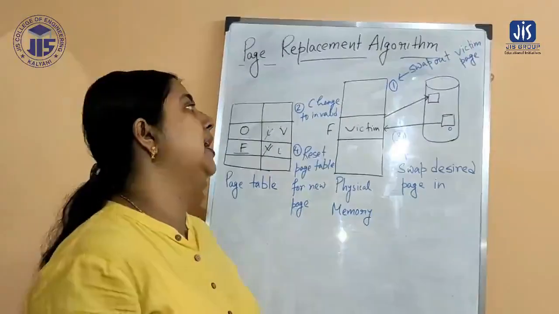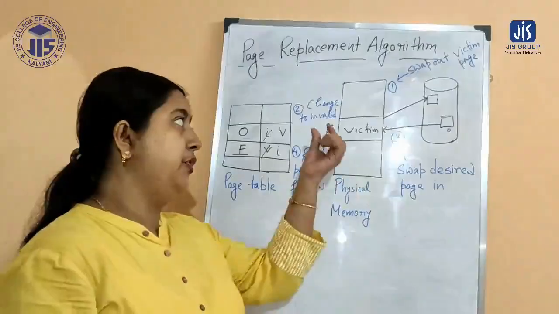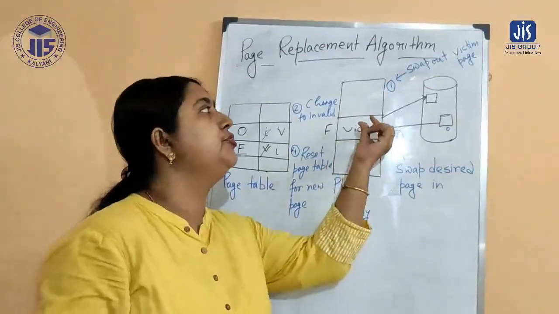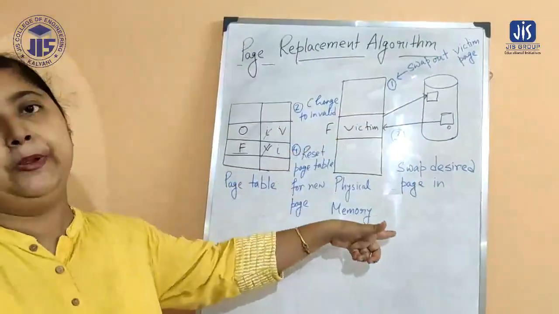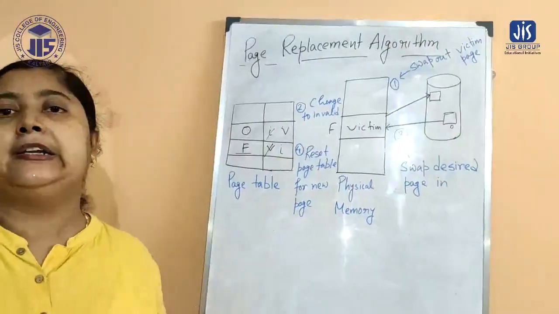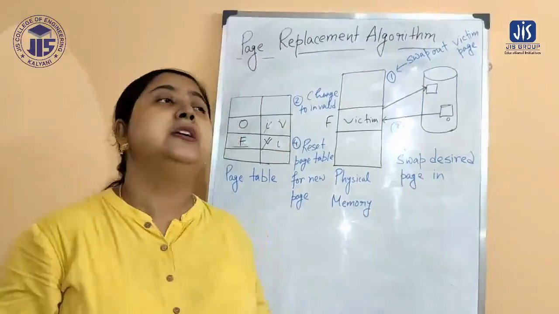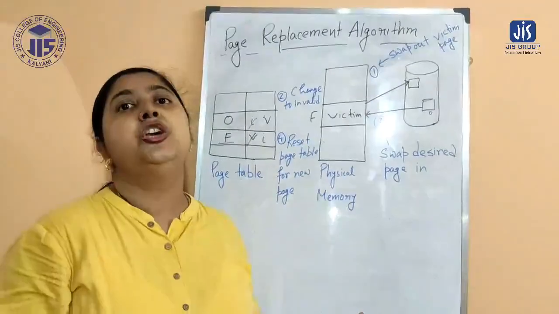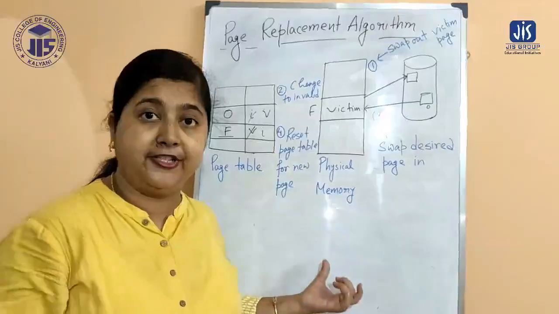Now the question comes: how can we choose the victim? That means which page is going to be swapped out? The page to be brought in is easy, that is the reference page required at that time. But that reference page is going to be loaded in the place of which reference page?